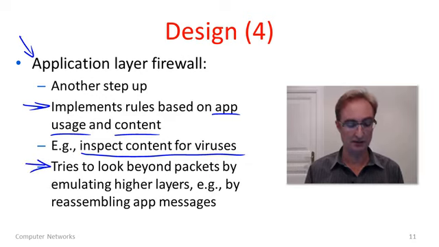So an application level firewall, because it tries to look beyond packets, is going to have to emulate things that hosts would do, for example by reassembling many IP packets and looking at the application messages carried in those packets. Because it's only by looking at those application messages that it will be able to decide whether there are viruses and so forth in it.